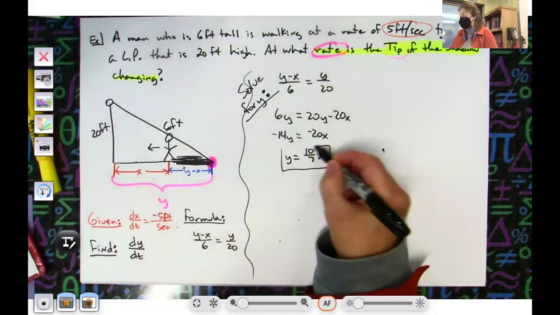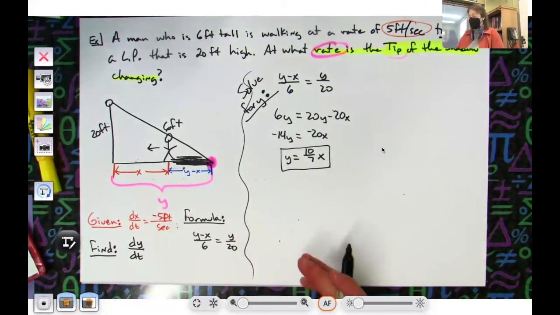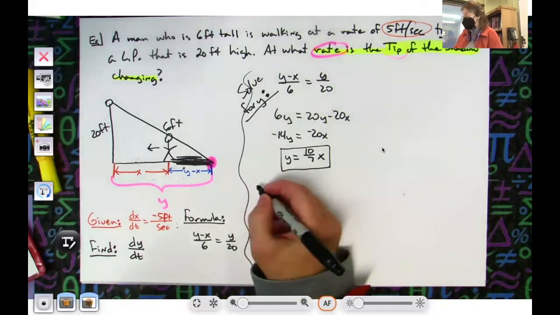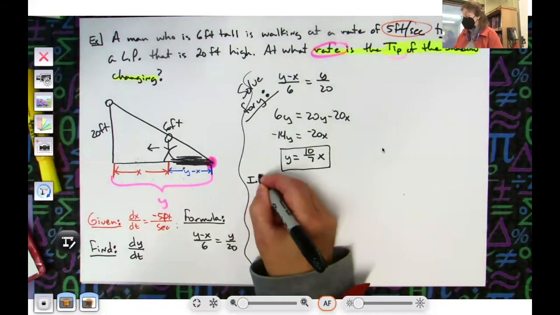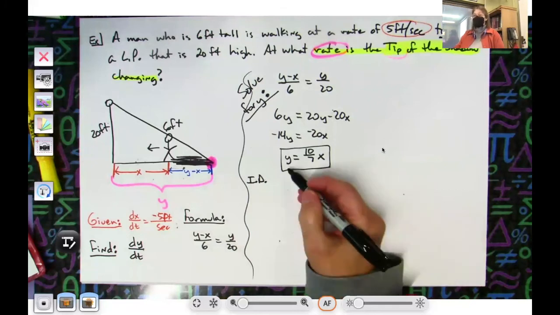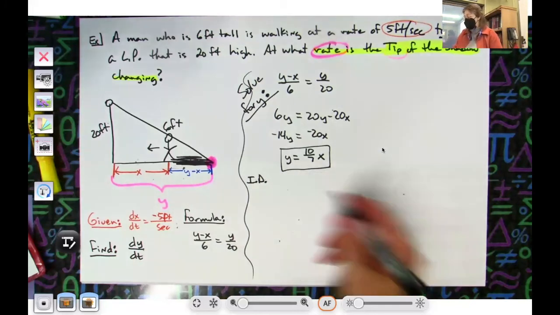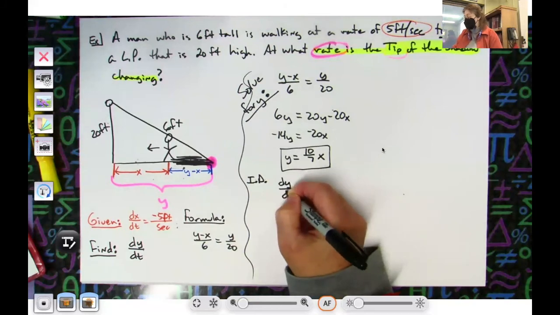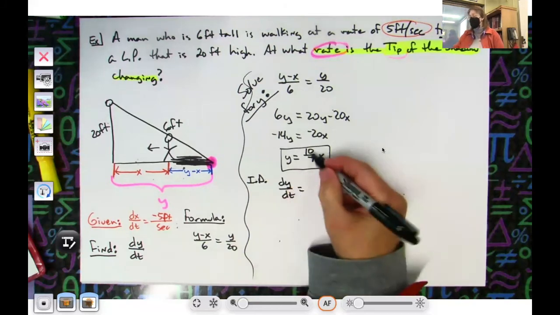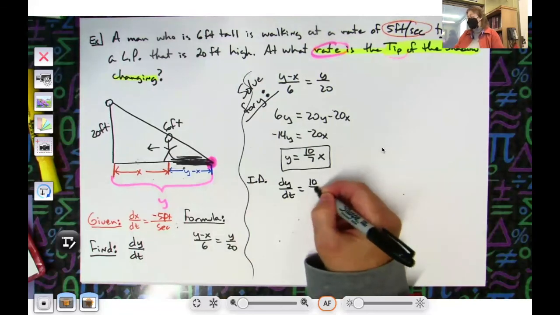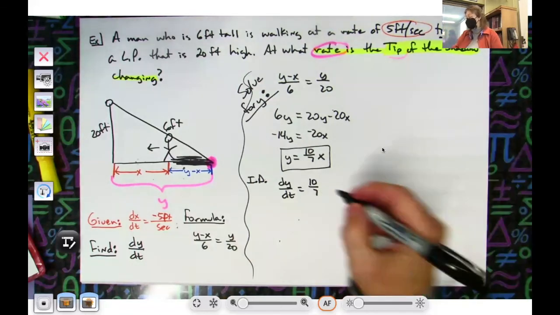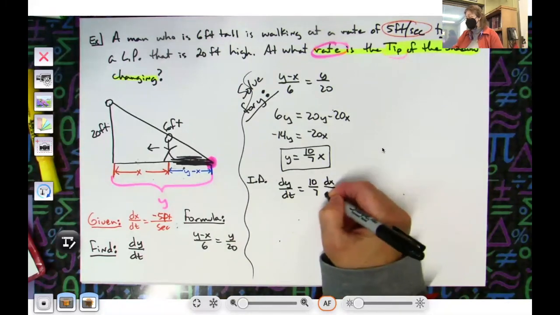All right, once you get to that equation, it's a nice little equation, then you can take the derivative with respect to time, or in other words, your implicit differentiation. So derivative of y is just 1, and then with the chain, dy dt. Derivative of 10/7 x is just going to be 10/7, and then you've got to remember the chain, dx dt.